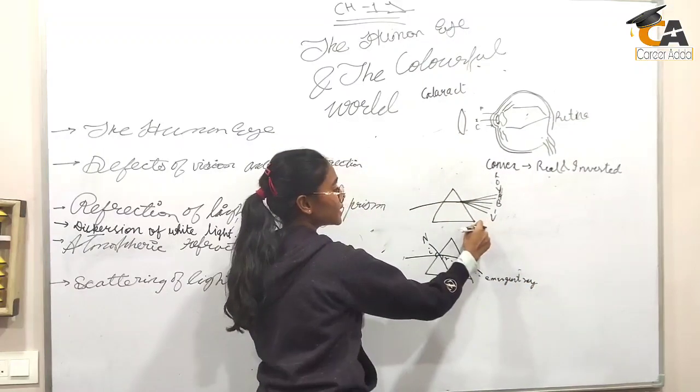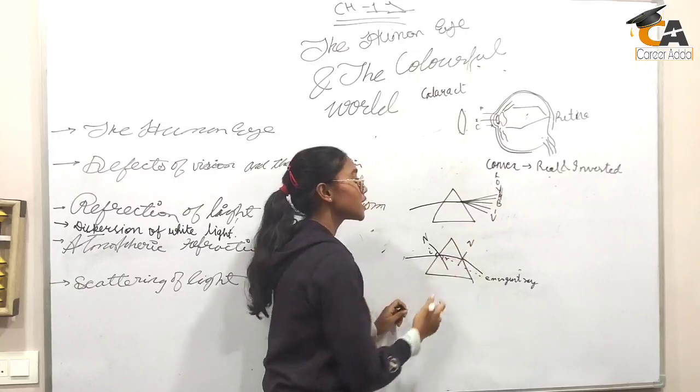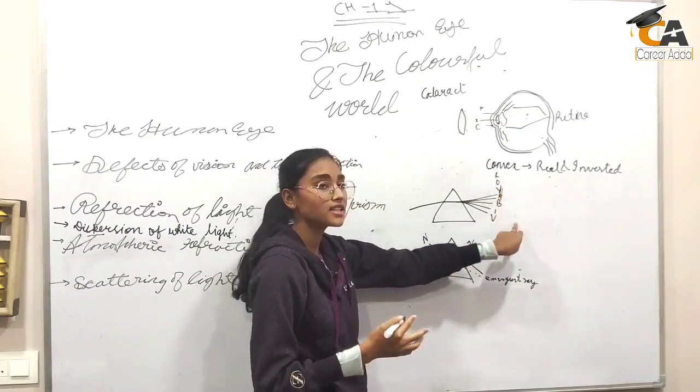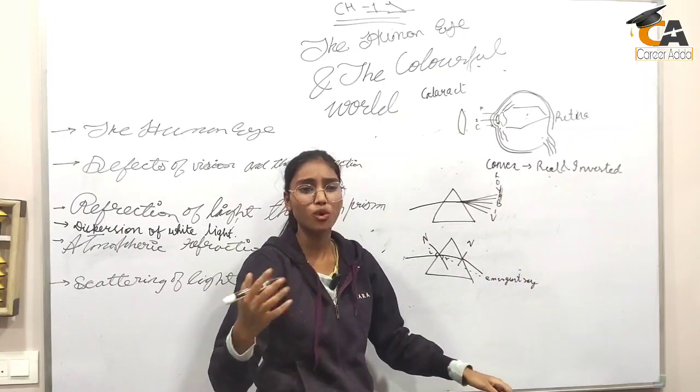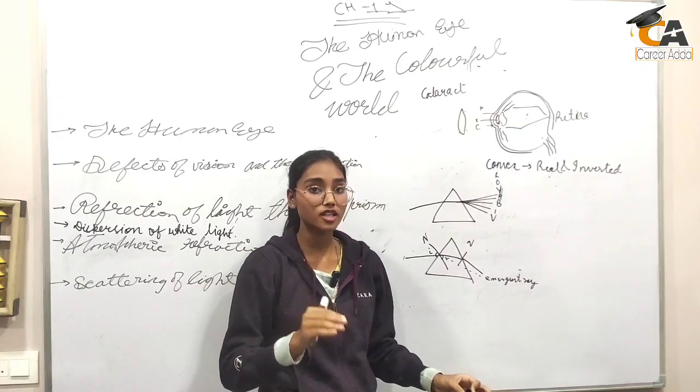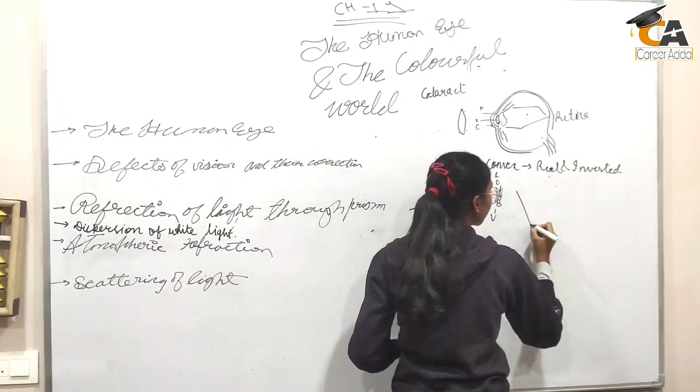Now when Sir Isaac Newton discovered this, he thought, if I pass this dispersed light through another prism, will I get more colors? But this phenomenon came to a conclusion where he placed an inverted prism.